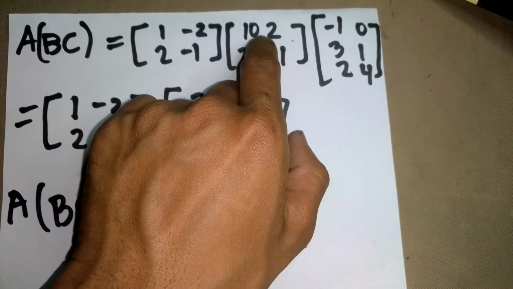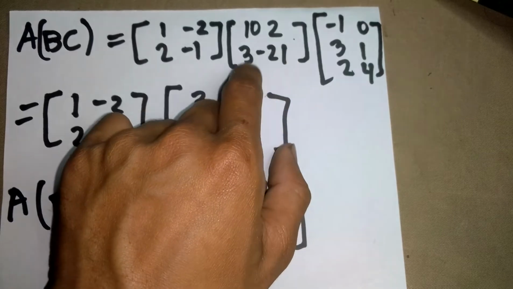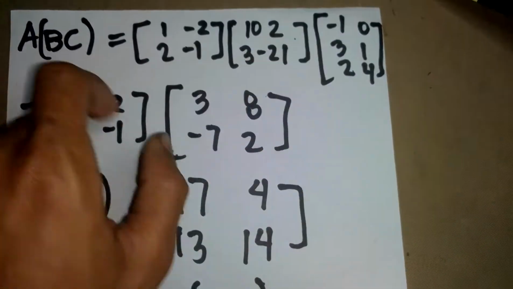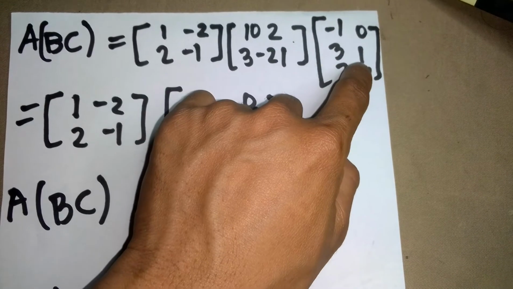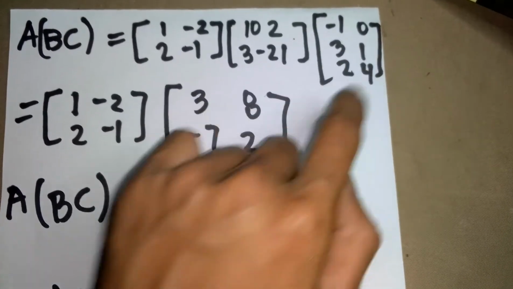The value of matrix B is 10, 2, 3, negative 21. The value of matrix C is negative 1, 0, 3, 1, 2, and 4.